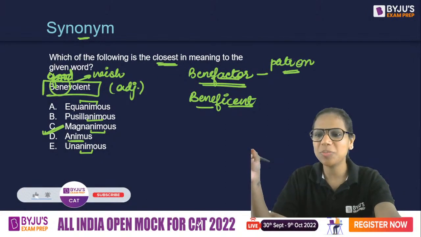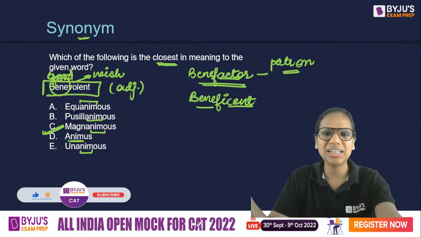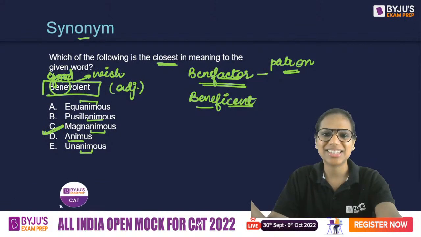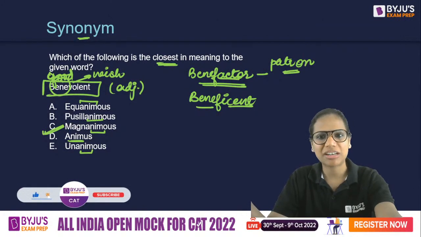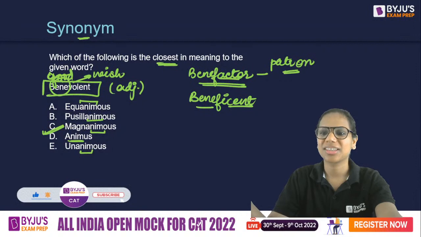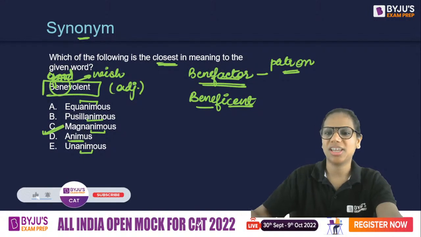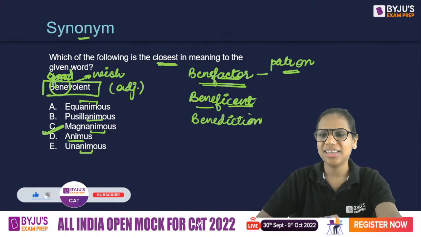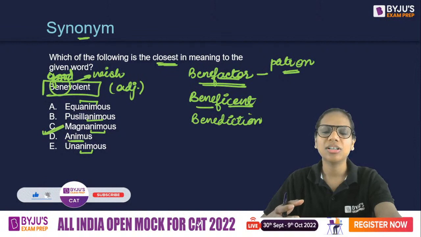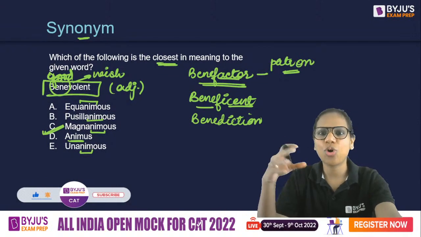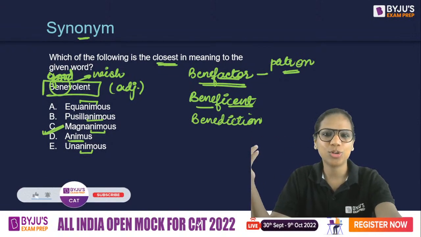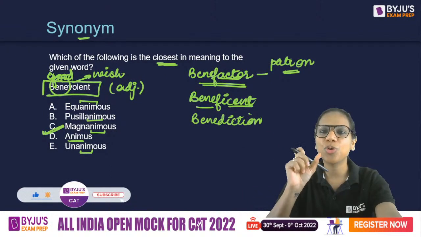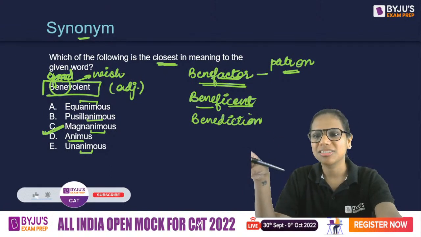Any other word from ben that you can recall? Yes, beneficent, benefactor, benediction. Have you heard this word, benediction? In case some of you follow, let's say the Pope's coronation ceremony, I hope it's called coronation only. So popes have these titles, Benedict.